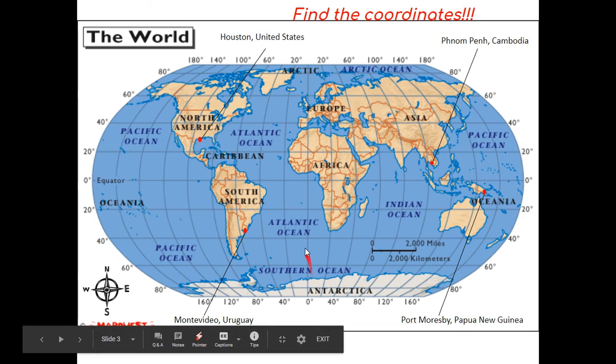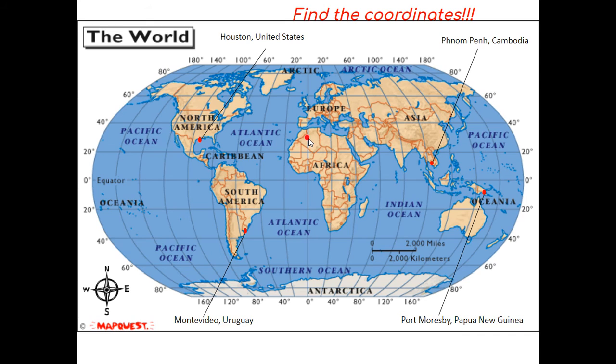Then step 2, I will go to the prime meridian here. I will line up my finger or my dot, and I know I have to go west to get to Houston. Now, it might seem childish to count every single line, but as I've highlighted, it's kind of hard to follow these lines. So I'm just going to count each one. So here I'm at the prime meridian. That's 20, 40, 60, 80.